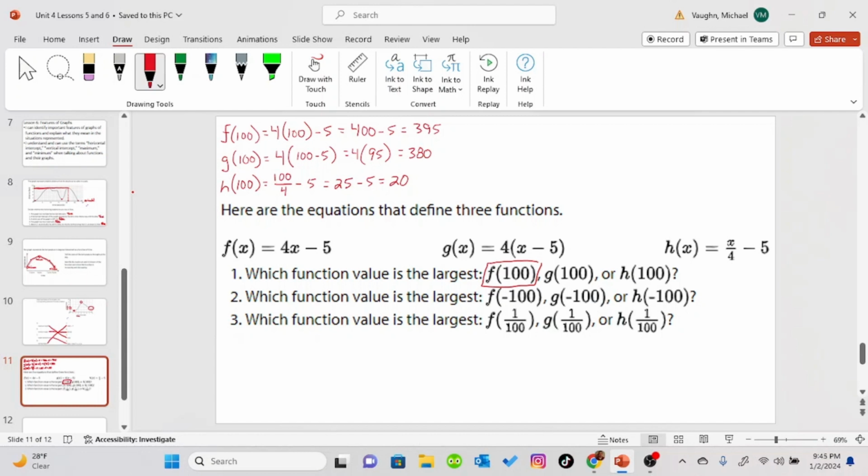Number 2, which function value is the largest? f of negative 100, g of negative 100, or h of negative 100?